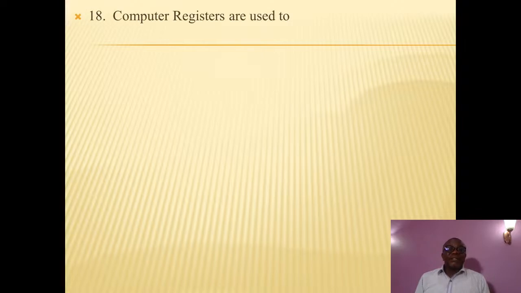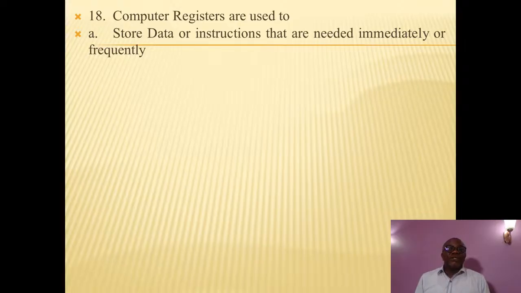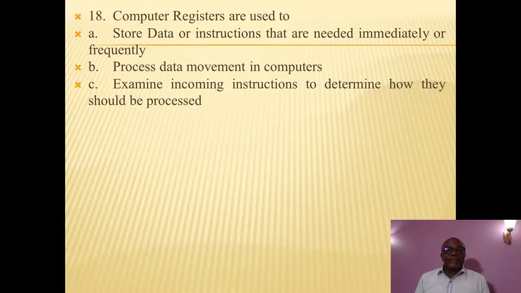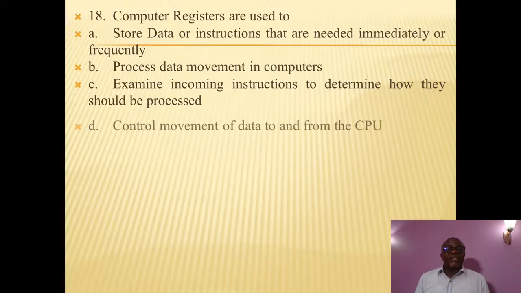So we continue. Computer registers are used to A, store data or instructions that are needed immediately or frequently. That we agree to. Process data movement in computers. Consider that. Examine incoming instructions to determine how they should be processed.